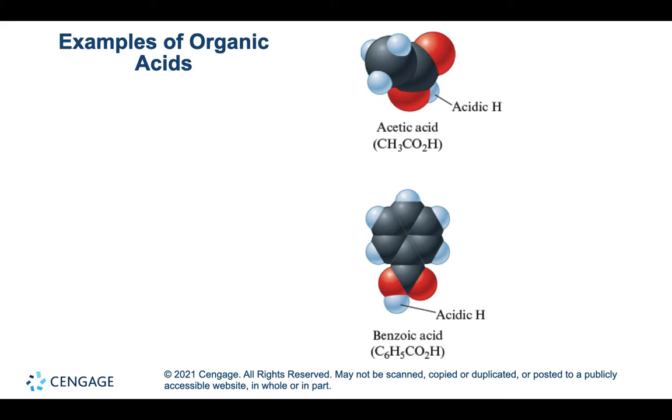And then you have a C attached to that benzene ring with a double bonded oxygen and a single bonded OH. It's the H on the oxygen that is your acidic hydrogen. The H's attached to carbon are not polar and are not able to be pulled off by water to make H+.